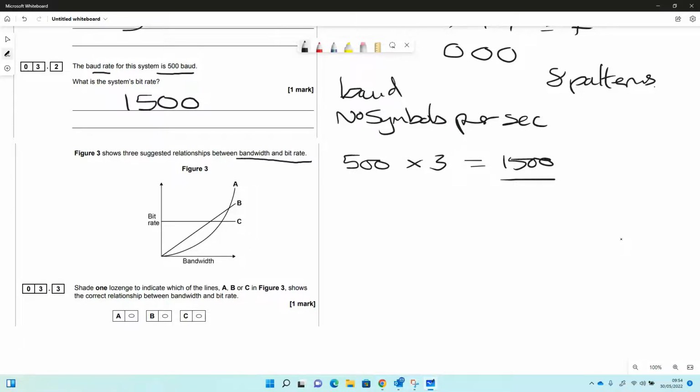So because there's a direct linear relationship, it's going to be B. So we'll shade lozenge B. Try that again. It's not behaving itself, but not to worry. We shaded the lozenge. It's B.